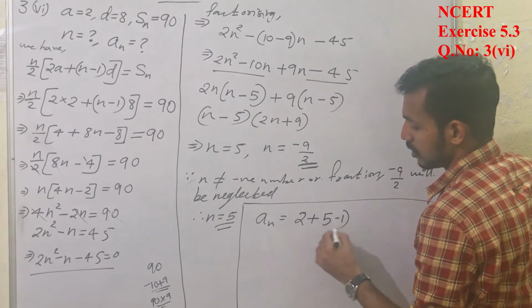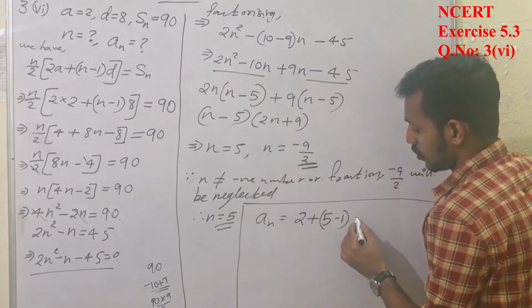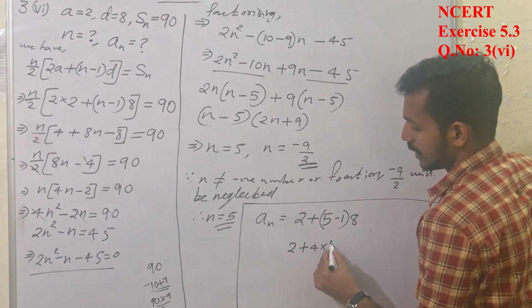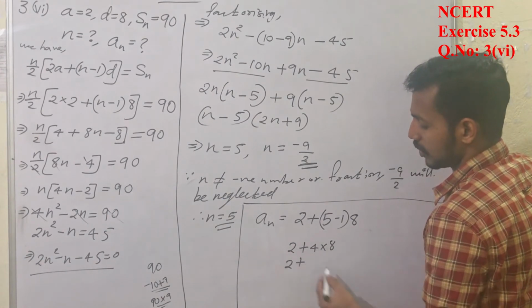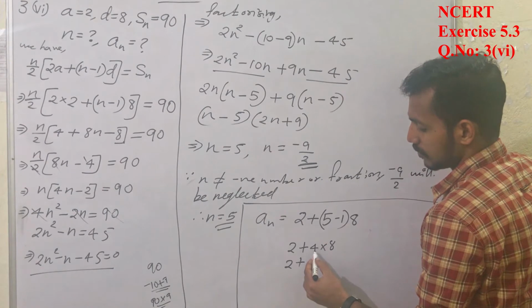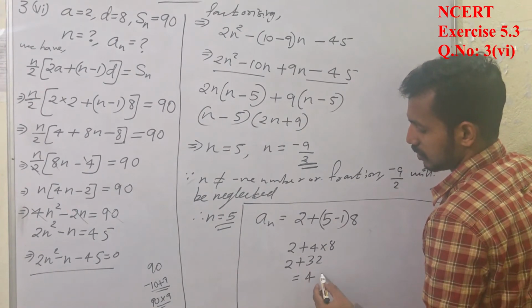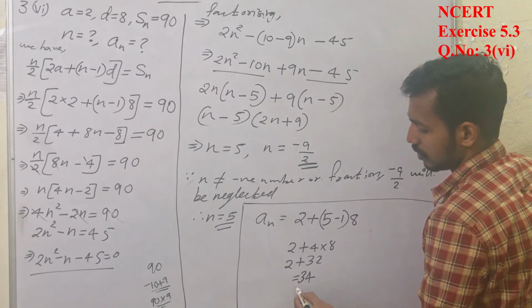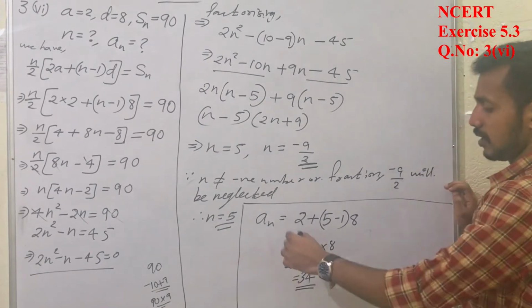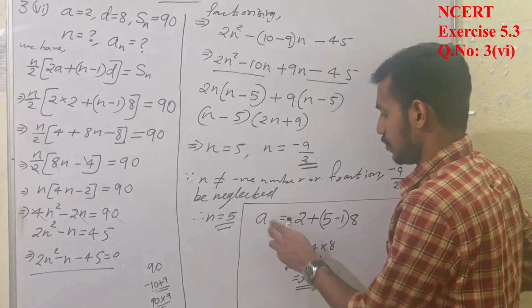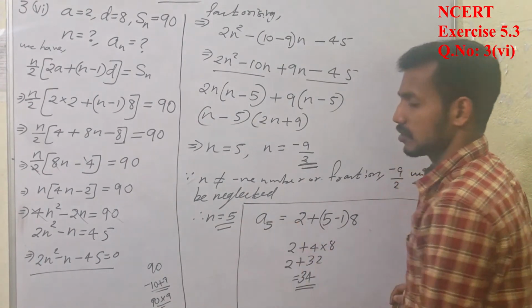So 5 minus 1 into, what is d? d equal to 8. 2 plus 4 into 8 will be 2 plus 32, which is equal to 34. So this is the nth term. That means we can write the fifth term. That is our question.